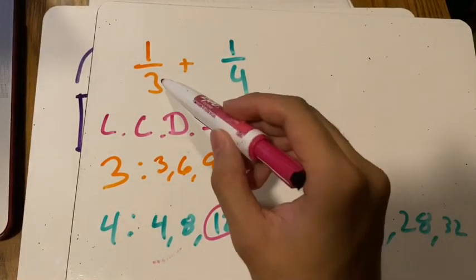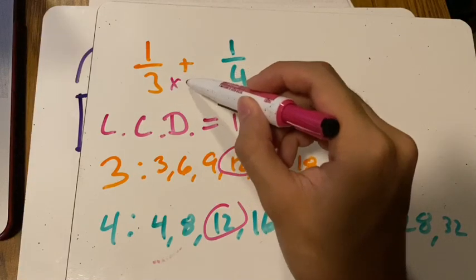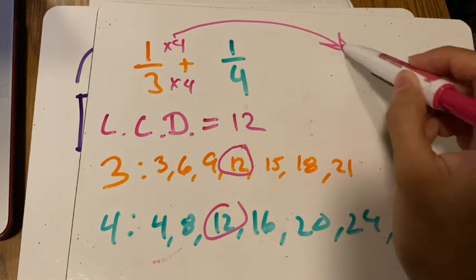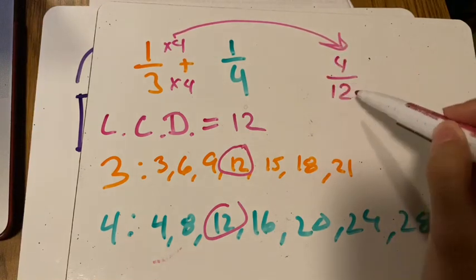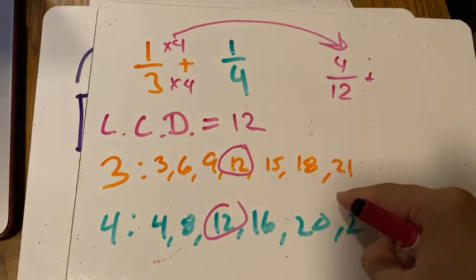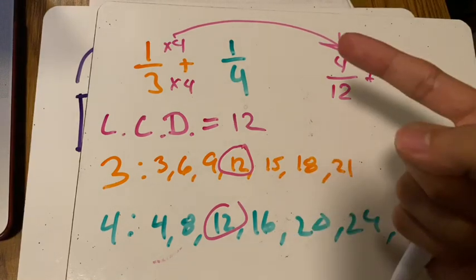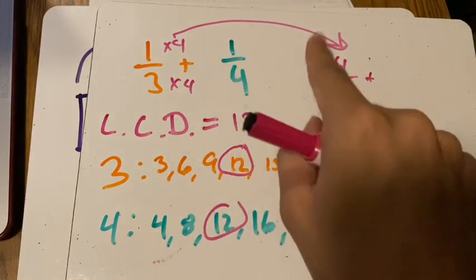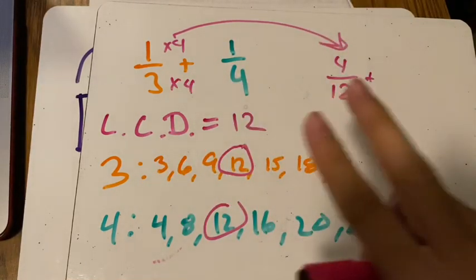How can I multiply this 3 to become a 12? 3 times 4, exactly. Now everybody notice that for this part, I am going a little bit faster just because hopefully by now we know how to find least common denominators, okay? If you need some review on how to find least common denominators with LCD, go ahead and watch the previous videos, okay? I think from 2 weeks ago.